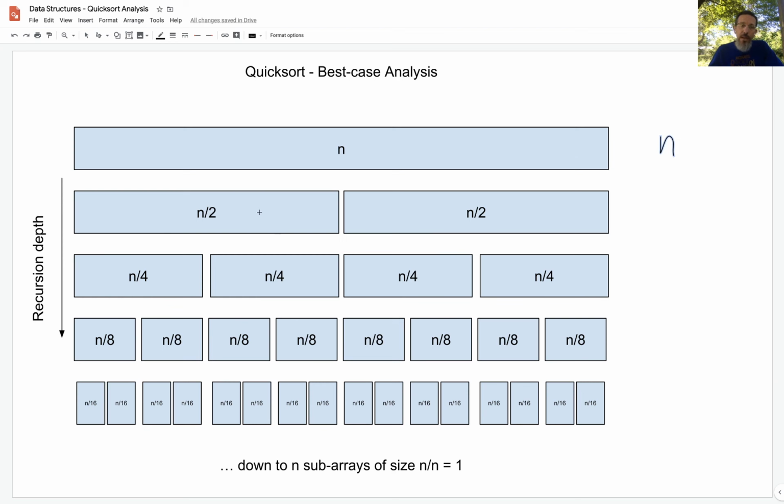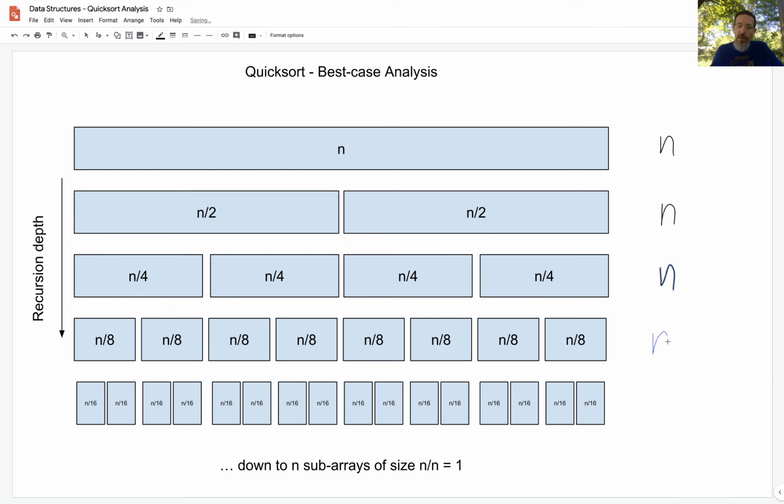Then for this length n over 2 array, it would cost us n over 2, and for the other length n over 2 array, the same, and we have 2 of them. So the total cost for this level of the recursion, which is 2 function calls, is n. Similarly, we have n over 4 work to do in each of these 4 subarrays, so the total is n.